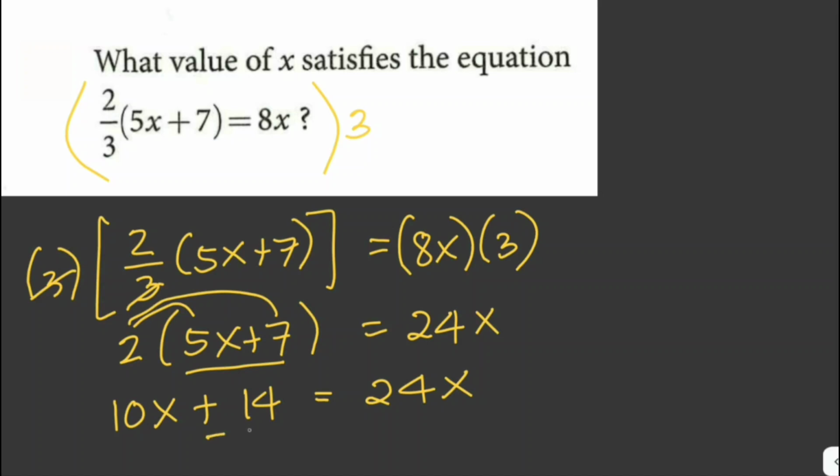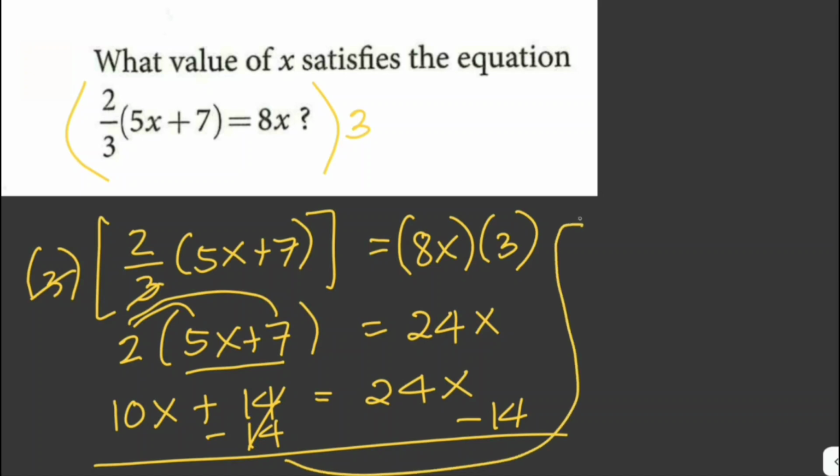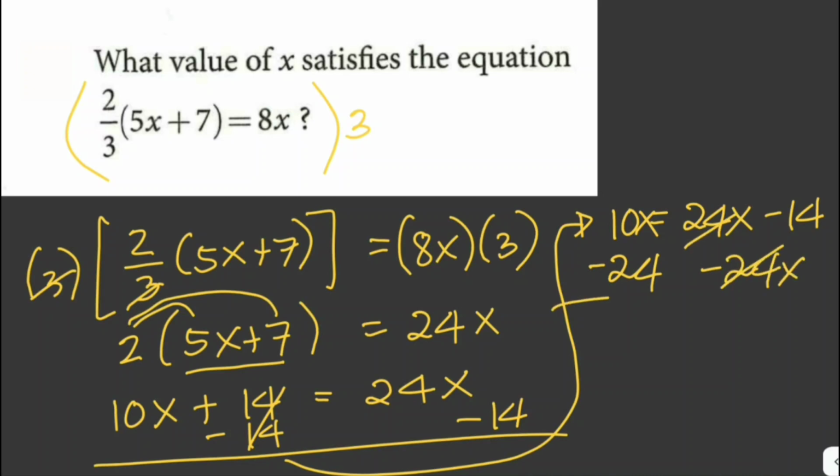And then we subtract 14 from both sides. This cancels out. So we have 10x equals 24x minus 14. And then we subtract 24x from both sides. This cancels out.